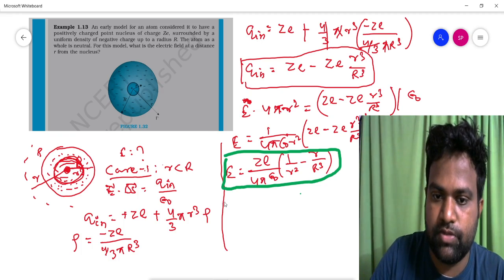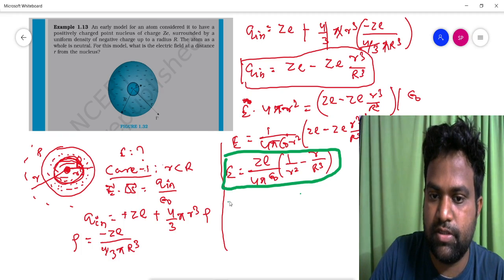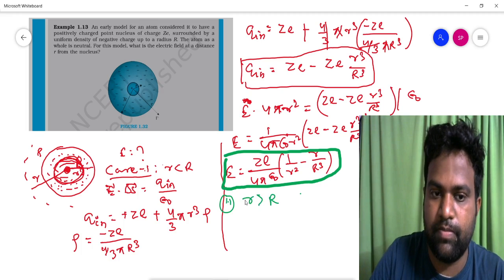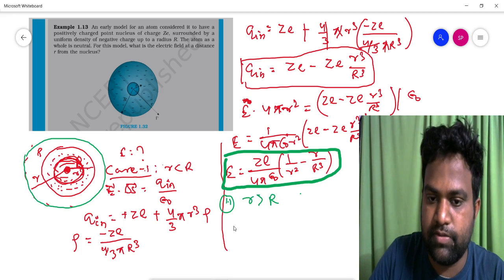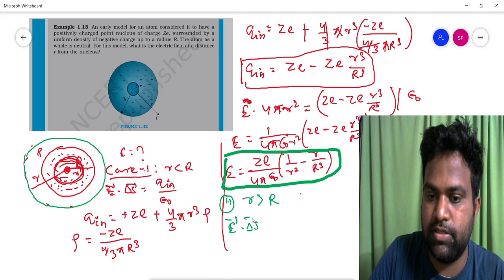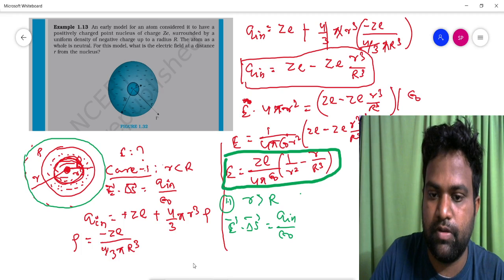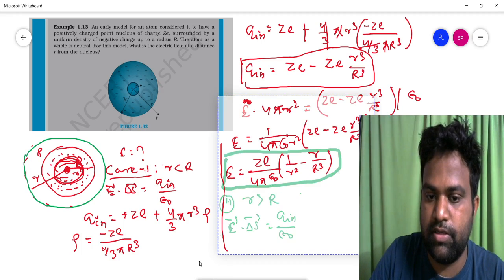Now the second case we will discuss, that is r greater than capital R. R greater than capital R means suppose somewhere here you are supposed to calculate the electric field. Now the same formula we will use, that is E dot delta S is equal to, from Gauss law, Q inside by epsilon naught.